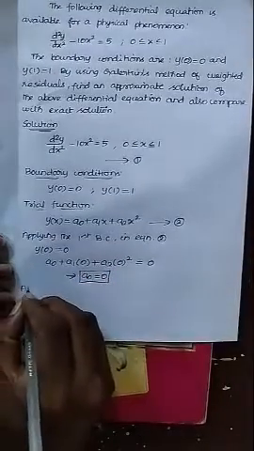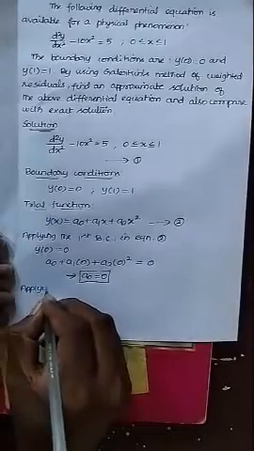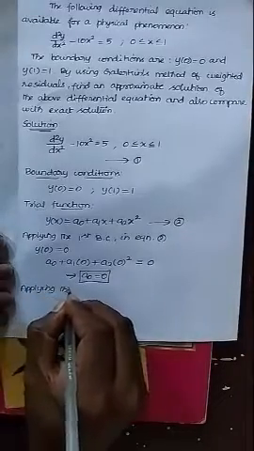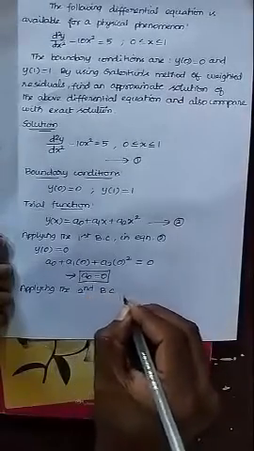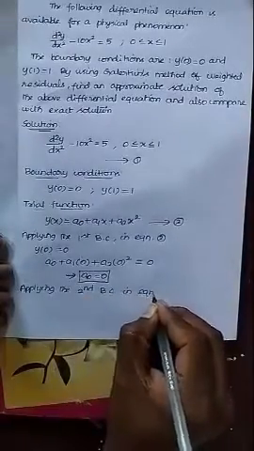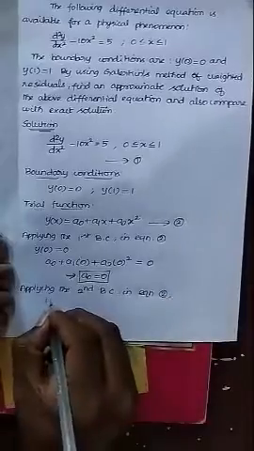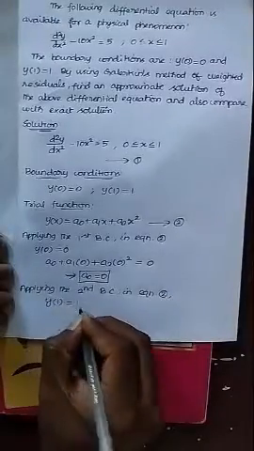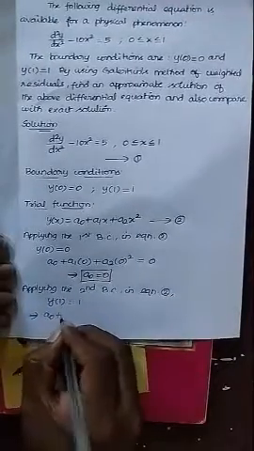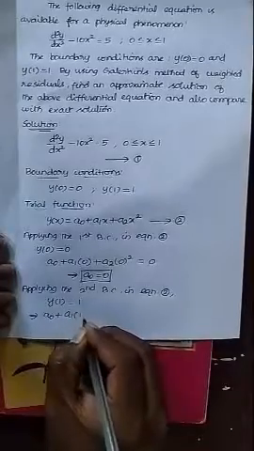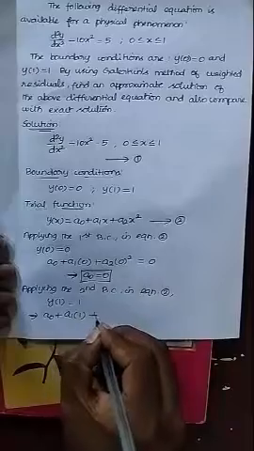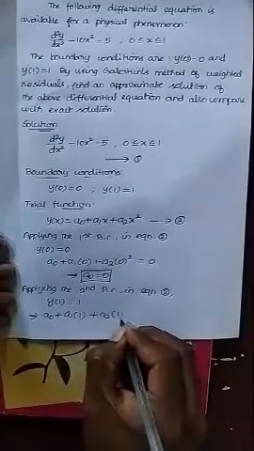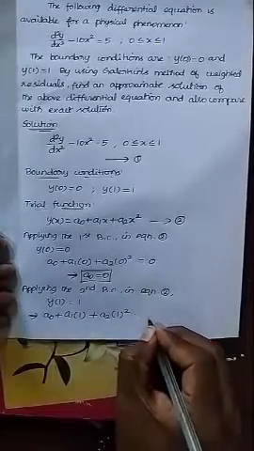Next, we can apply the second boundary condition in equation 2, that is y of 1 is equal to 1. A naught plus a1 into, for x, we substitute 1, plus a2 into 1 square, which will be equal to 1.